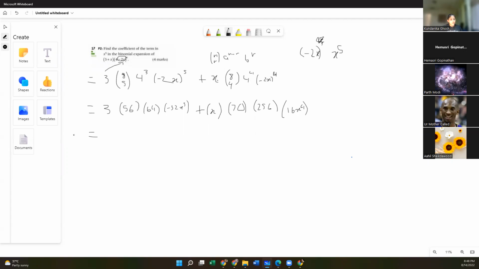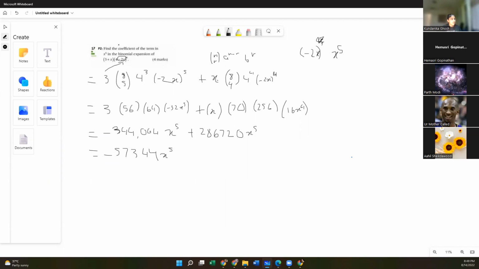Anyways, what you should end up getting is negative 344,064 x to the power of 5 plus 286,720 times x to the power of 5, and then you add that and you should get negative 57,344 x to the power of 5.